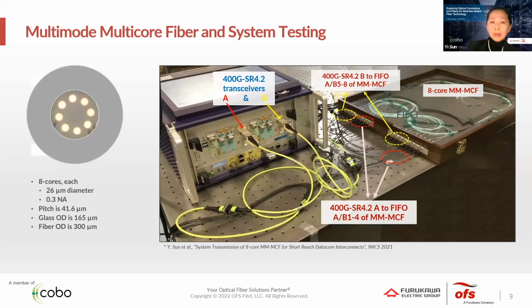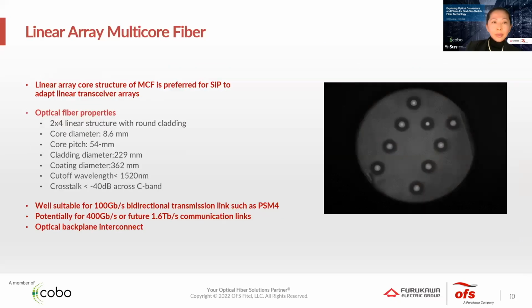the optical density. And here shows a linear array multi-core fiber, and is preferred for silicon photonics to adapt linear transceiver arrays. And here are the optical fiber properties. And this is well suited for 100 gigabits per second bidirectional transmission using something like a PSM4, and has potential for 400 gigabits per second and future 1.6 terabit communication links.